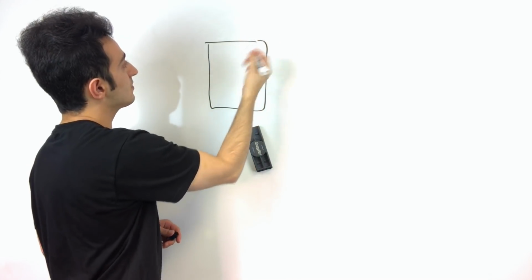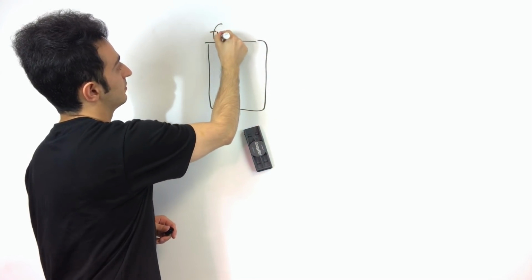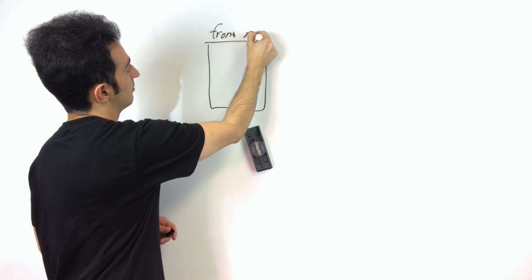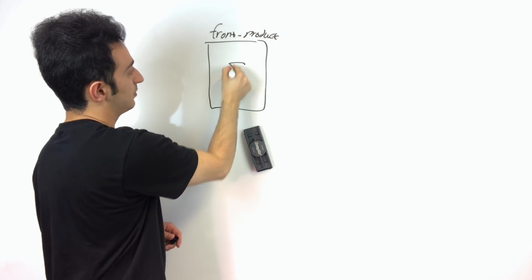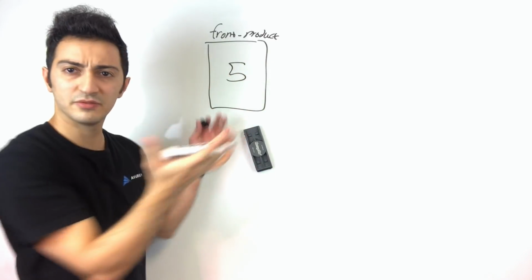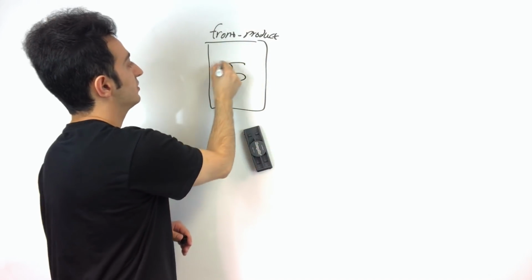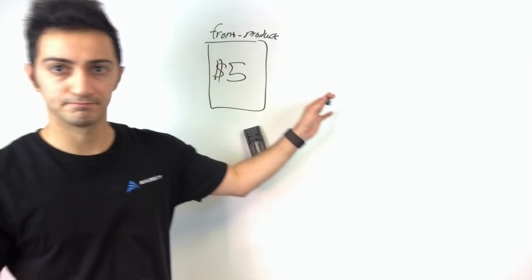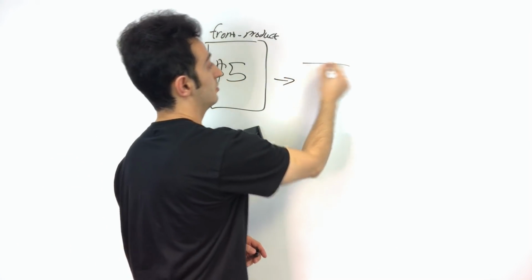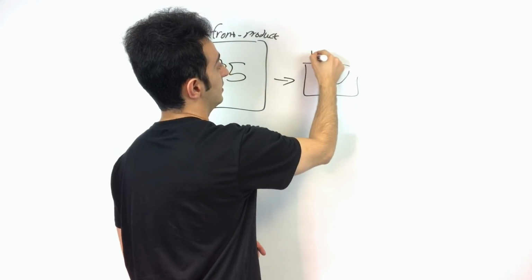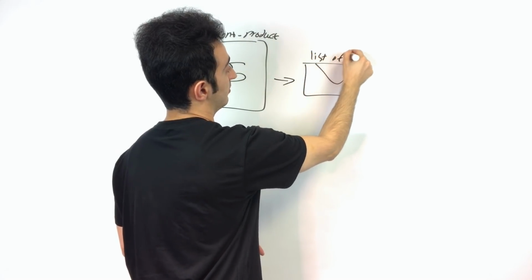This is your front product, and you sell this for like $5 to $10, depending. So this is a $5 product. Then after you sell this product, you build a customer list of buyers.